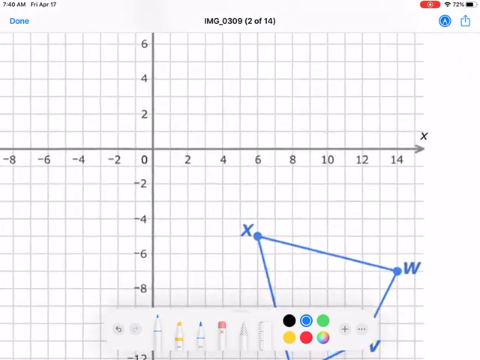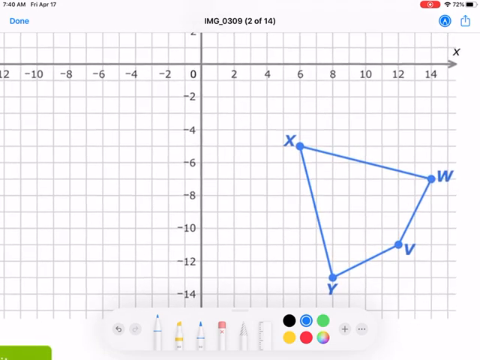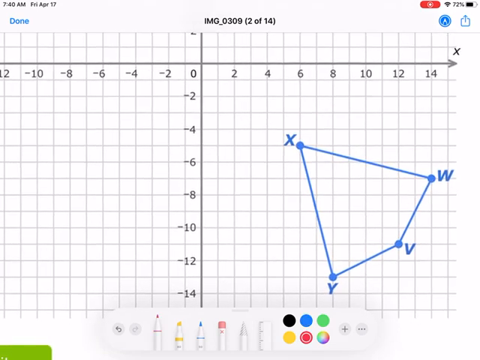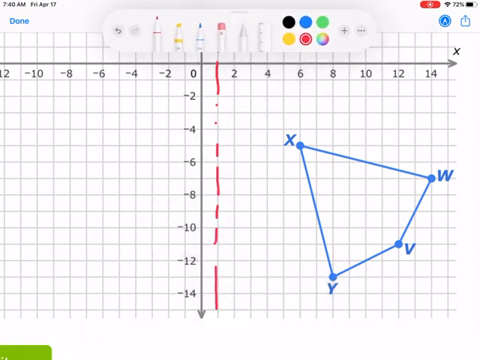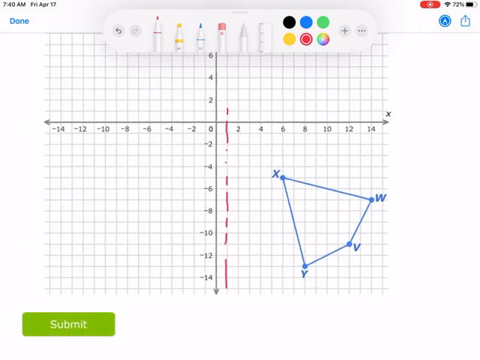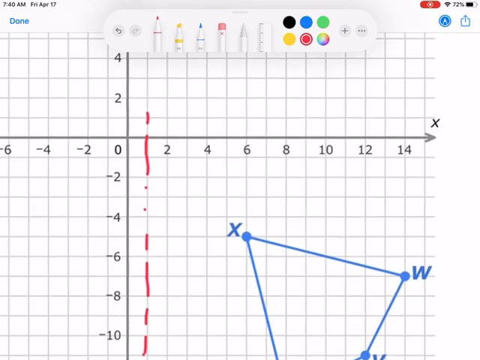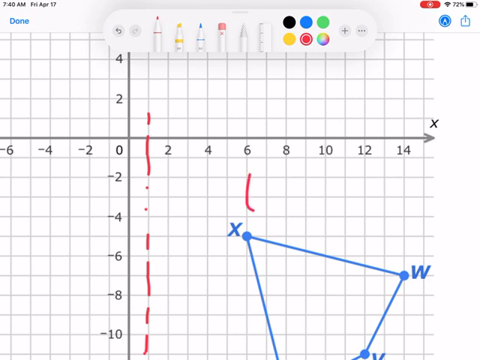It says reflect across the line, what is it? x equals 1. So here's x equals 1. It's a vertical line right here. Let me draw it out for you. There's x equals 1. And to reflect, you're just counting them over there. I usually like to do these with the coordinates, anytime you're reflecting and stuff like that. So my coordinates here, I got 6, -5.